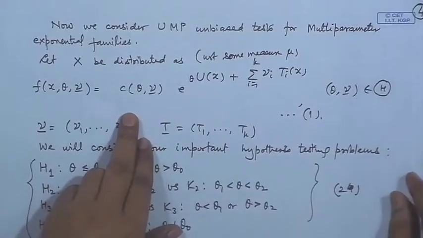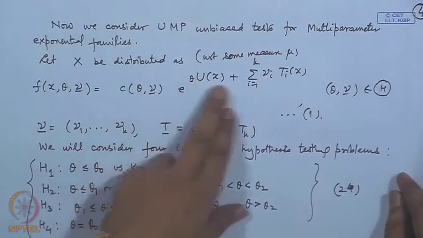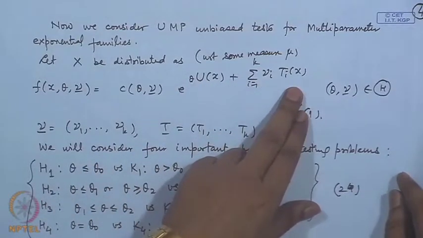Yesterday we discussed in the previous lecture UMP unbiased tests for the multi-parameter exponential family of distributions. Let me just recollect the discussion. We had considered a distribution of the type e to the power theta u(x) plus sigma nu_i t_i(x).